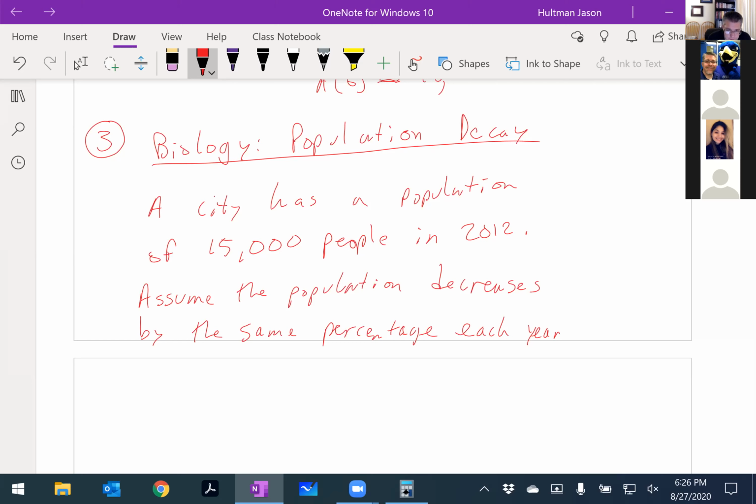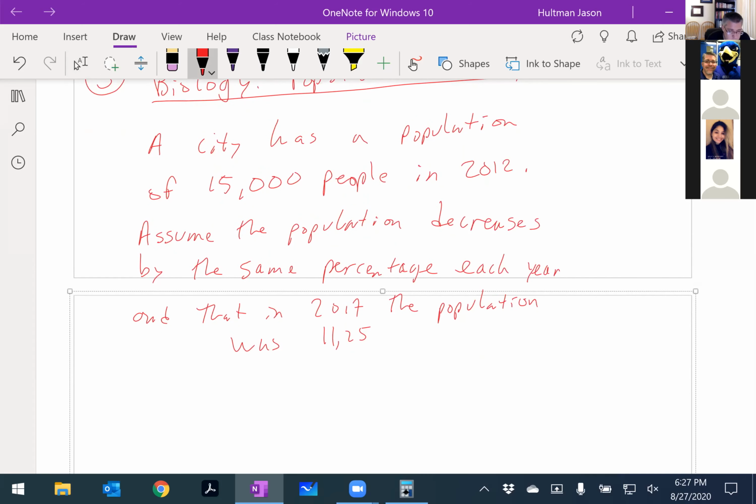And that in 2017, the population was 11,250.